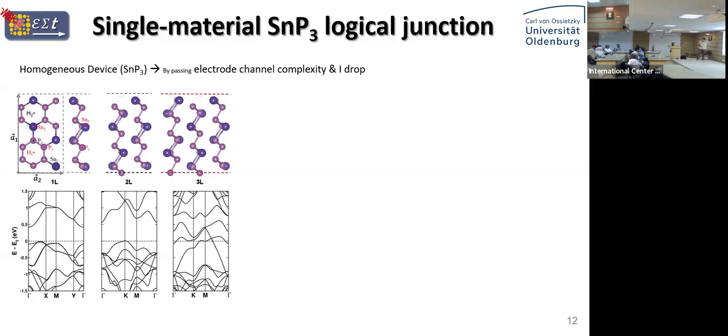We have several positions on which we could absorb our gas molecule, because we want to use this device for gas sensing application. So we have several different positions labeled differently where the molecule can sit.